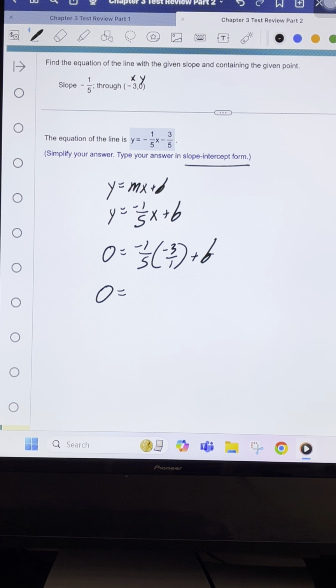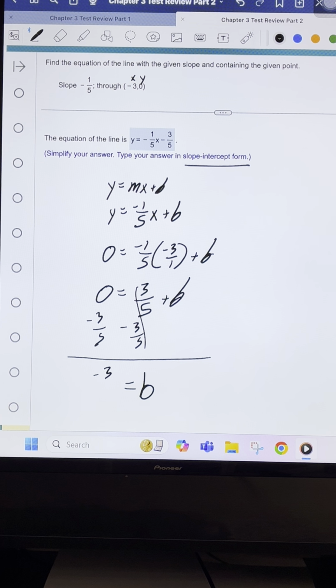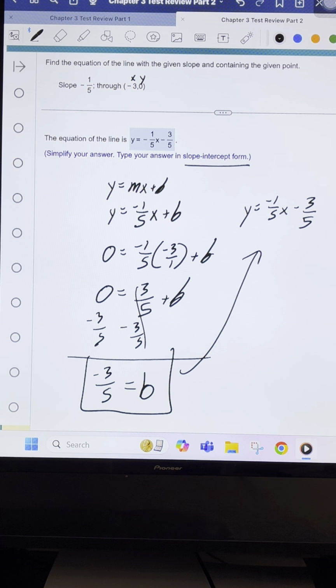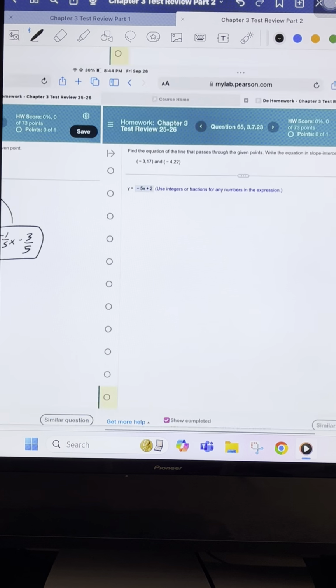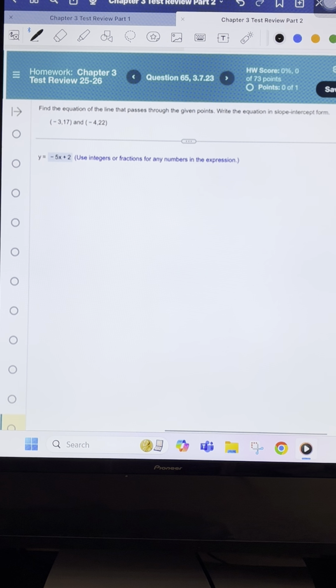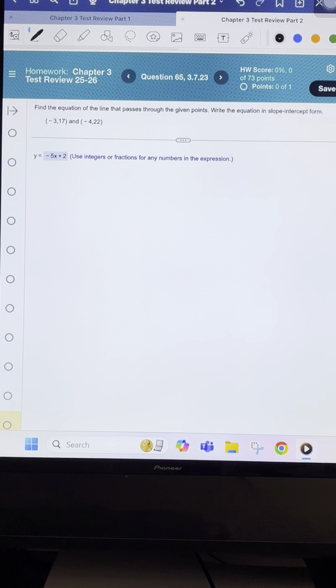This is negative 1/5 times negative 3/1 plus b. 0 equals 3/5 plus b, minus 3/5, minus 3/5. So now my b is equal to negative 3/5. So now I can write down my entire equation, which is y equals negative 1/5 x minus 3/5, which is exactly what it has here.